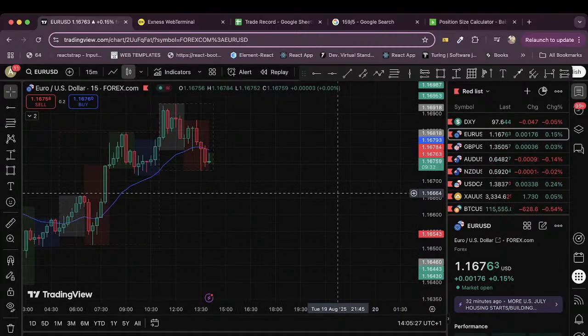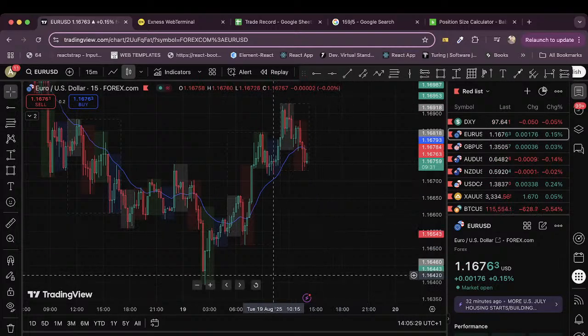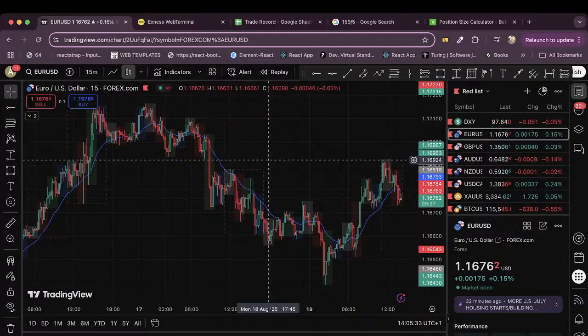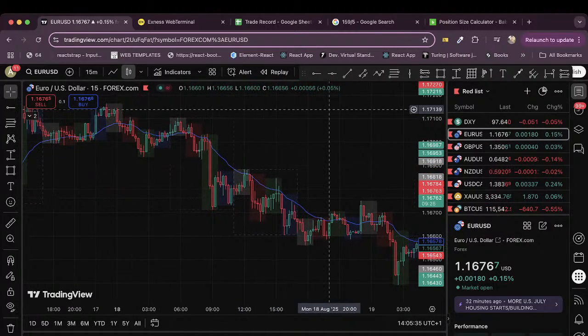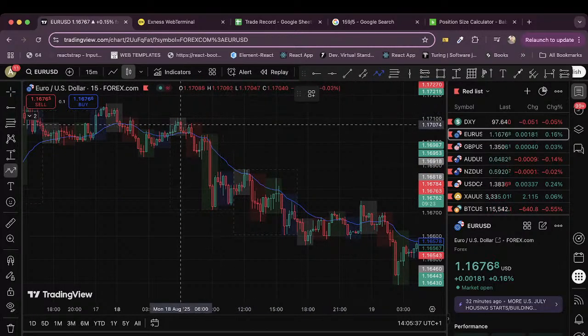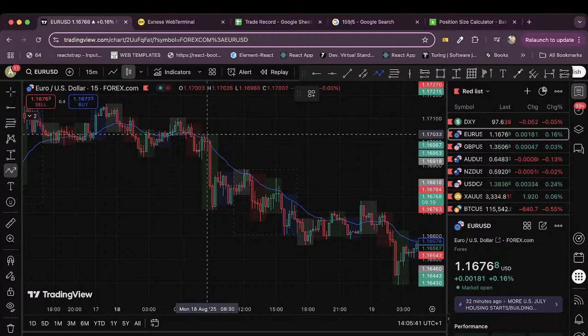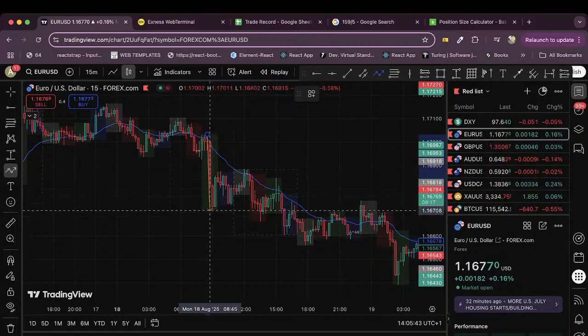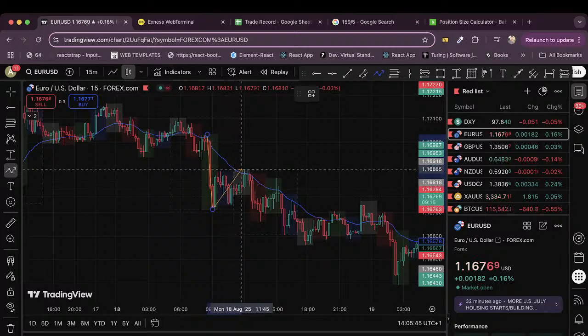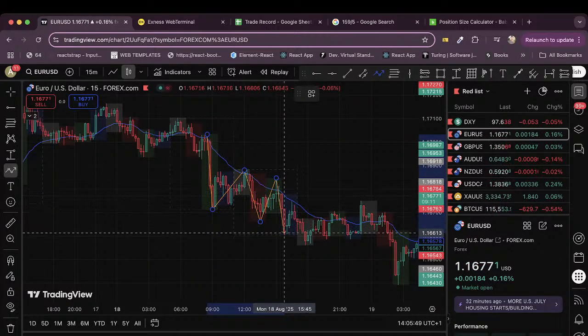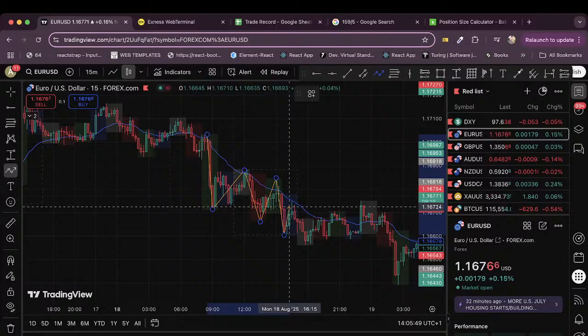So on Euro USD, let's see what price has been doing here. All right, so in order not to go way deep in the past, we can pull out our part drawing and start to mark out the most important swings that we can see. This is one, came back down. So another one here, maybe this one also.